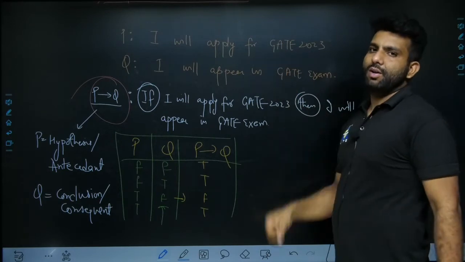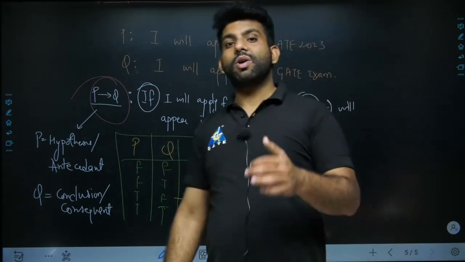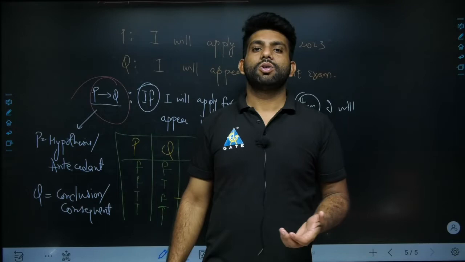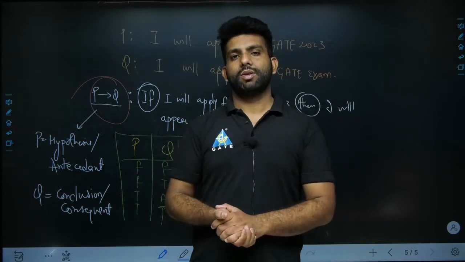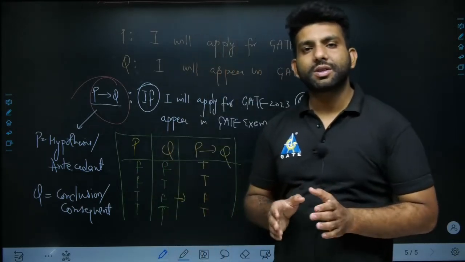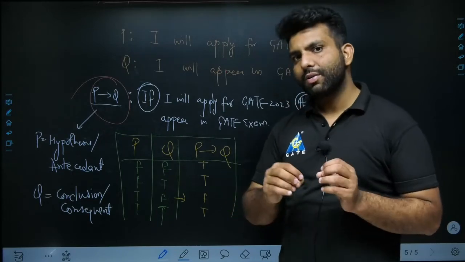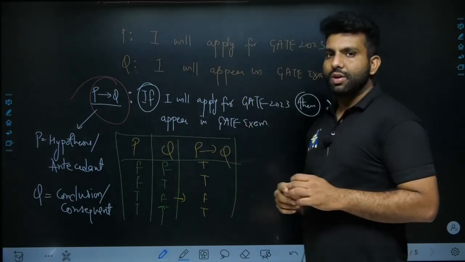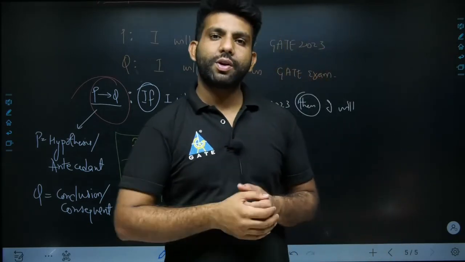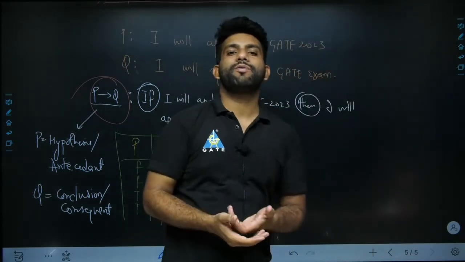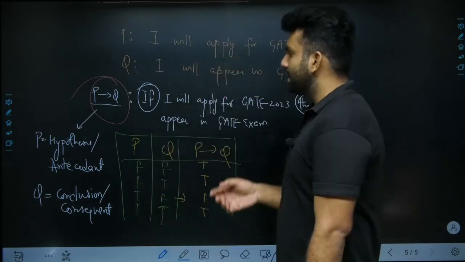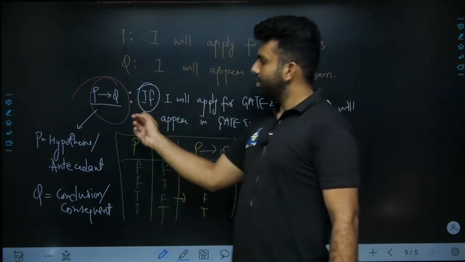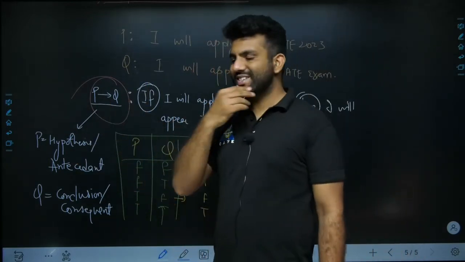But you have not applied. You didn't fill up the form. Was my prerequisite fulfilled? What was the prerequisite? That first of all I should apply for this. My prerequisite has not been fulfilled. If my prerequisite hasn't been fulfilled, how can this scenario be false? This is always true.